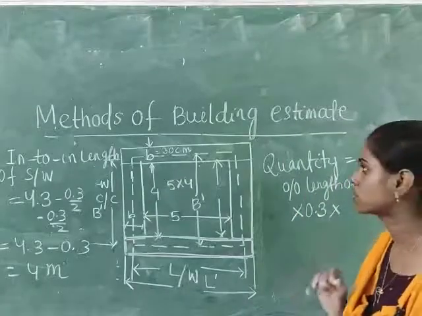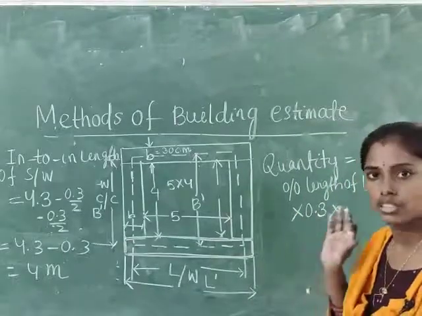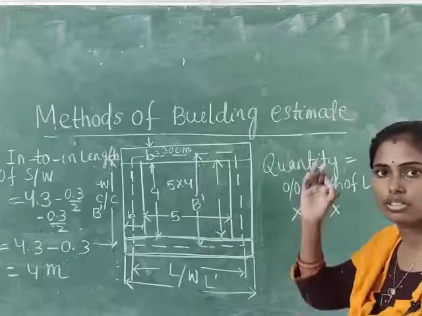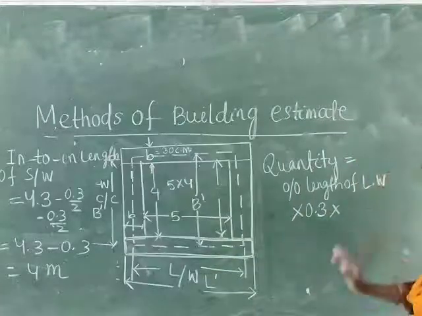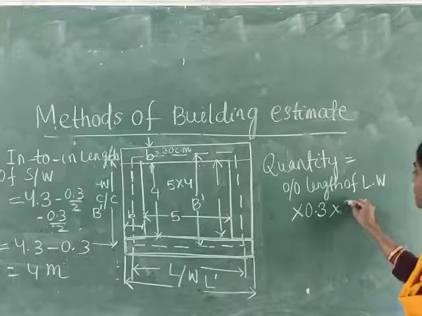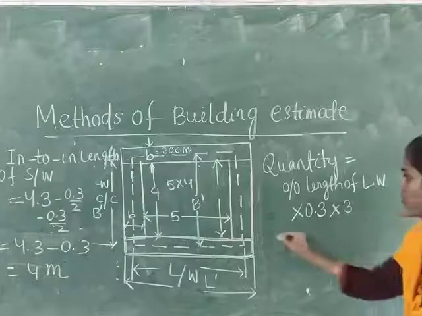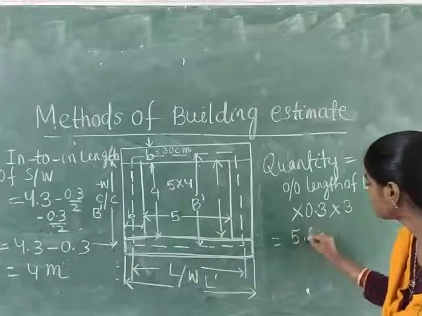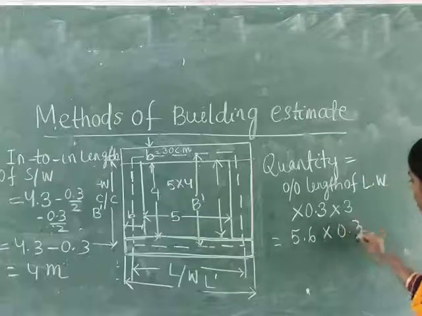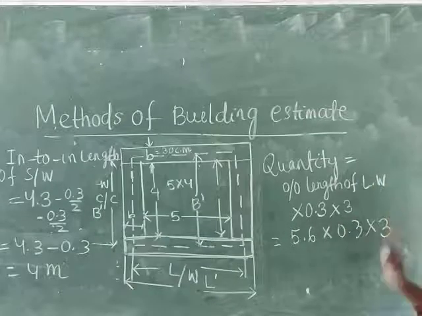The height is given in your sectional elevation, that is your ceiling height. Suppose your ceiling height is given as 3 meter. So it is 5.6 into 0.3 into the height of the superstructure wall.